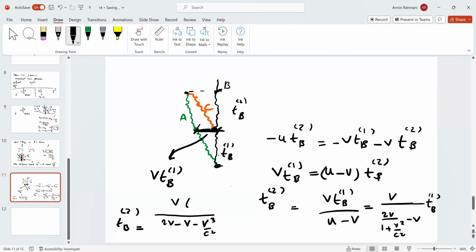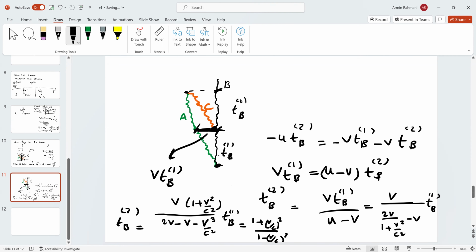And then downstairs, I'm getting 1 plus V squared over C squared, which goes up. So what's that? 2V minus V is V. So that cancels out. So it looks like it's 1 plus V over C squared over 1 minus V over C squared. Okay. So that's going to be this time in B's frame.